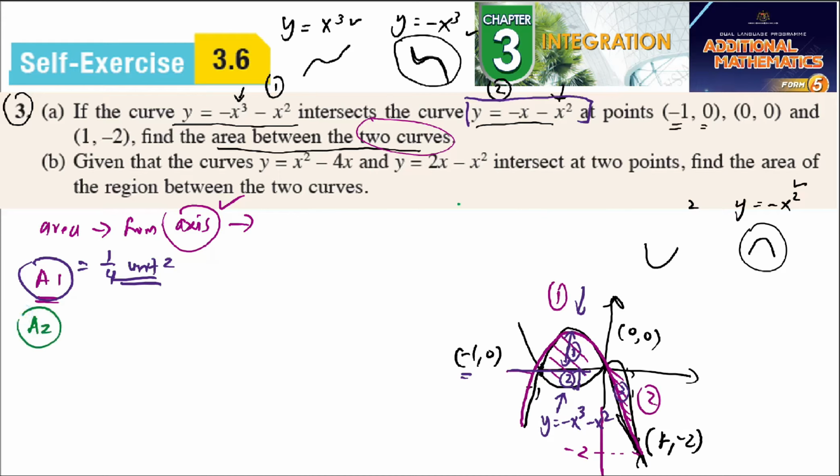So from 0 to 1, we can just directly do y2 minus y1. So this one is dx. So 0 to 1. So our y2 is the furthest one. The furthest one is this one, which is negative x cubed minus x squared. So minus y1. So our y1, the closer one, is this one.